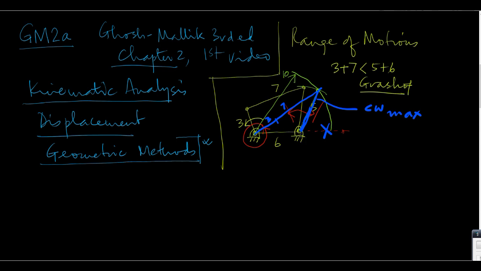Okay. Similarly, you can see easily that there must be a left side position. The left side position also corresponds to these links being collinear, but in a different way. To understand why they are collinear, let me remind you that this point is fixed here.